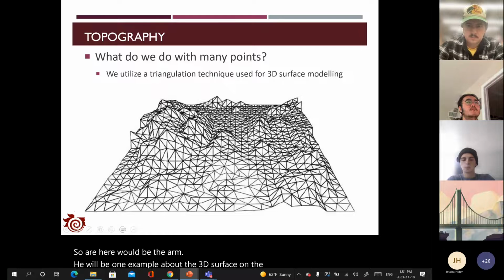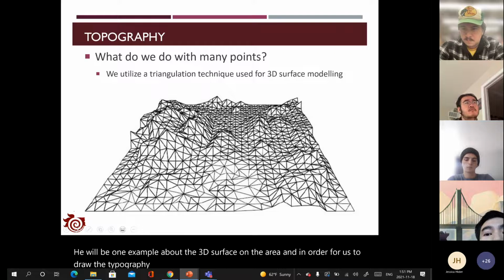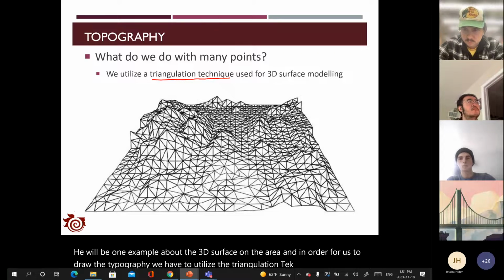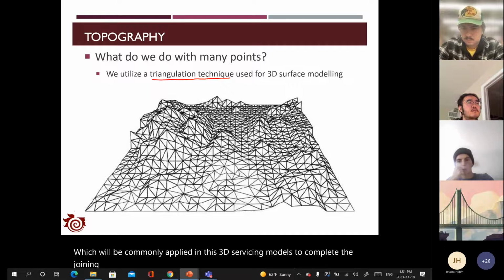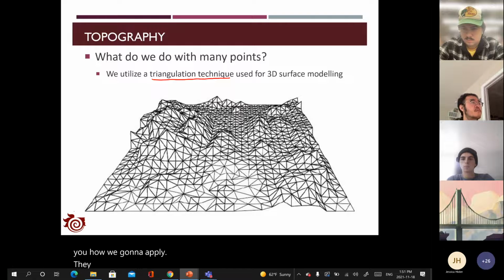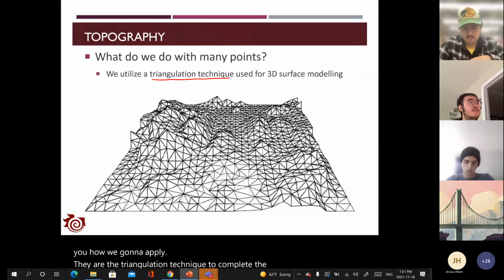In order for us to draw the topography, we have to utilize the triangulation technique, which is commonly applied in 3D surfacing models to complete the drawing of the topographic map. For the rest of the lecture, I'm going to show you how to apply the triangulation technique to complete the drawing.